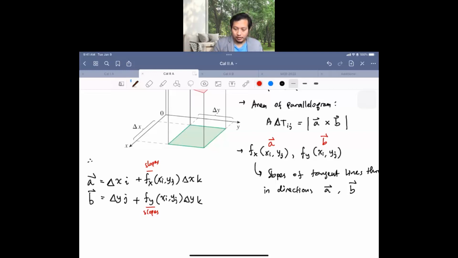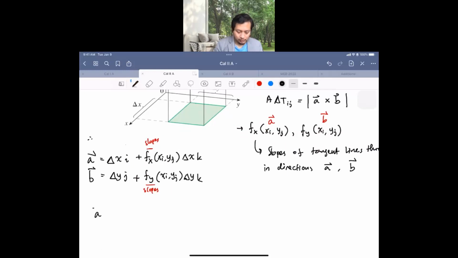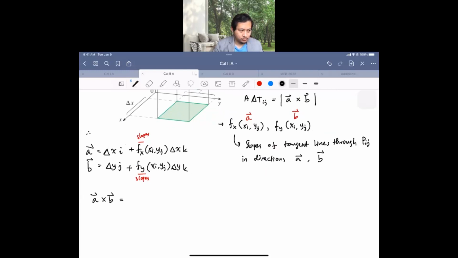And then we take A cross B. This is delta x, this is 0, this is 0, this is delta y, k will be partial x delta x, this is partial y delta y, and take i, j.